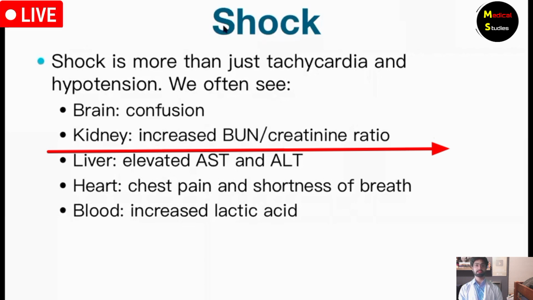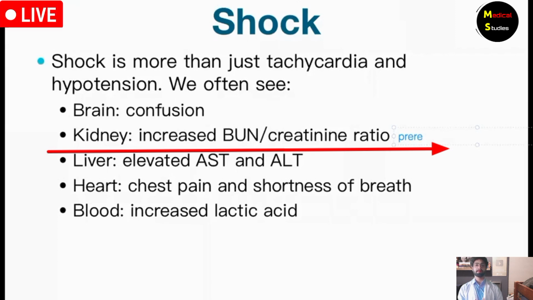First is known as pre-renal failure. Whenever there is decreased blood flow towards the kidney, the kidneys are normal, but the blood flow towards the kidney is not normal, and that's why the kidney does not get a proper amount of blood, and a condition occurs known as pre-renal failure.